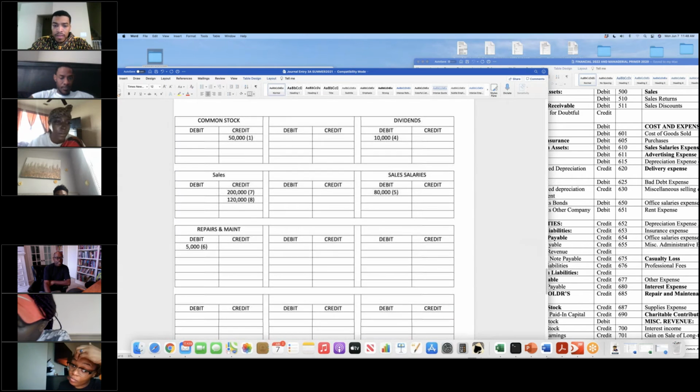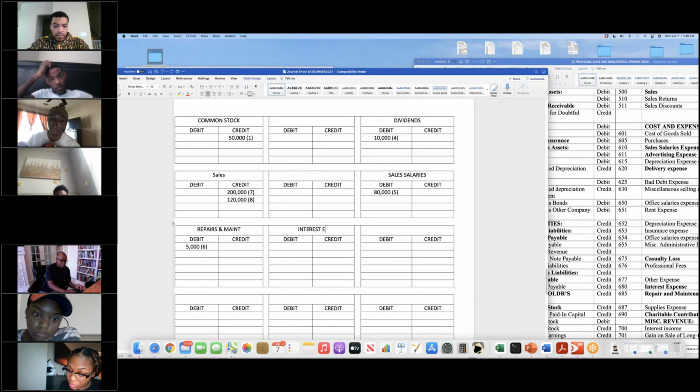We didn't have an interest expense account, so you put one in here. Yes, but it has to be after the sales salaries expense and before repairs and maintenance, so you might have to move that. But we know we need to be in that order. I didn't skip a line for it. So we should have moved repairs and maintenance over.